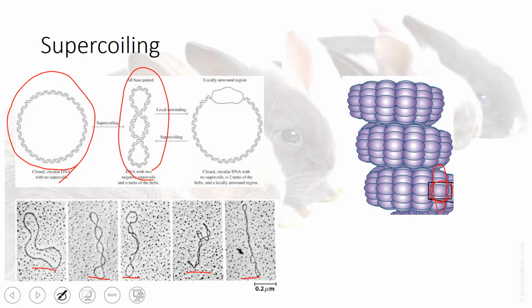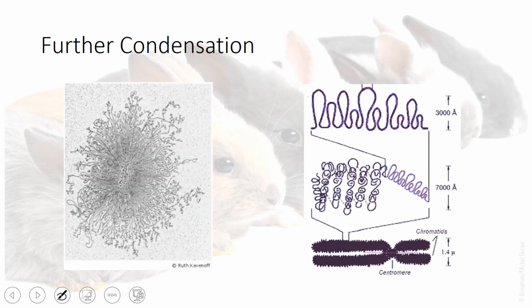Now, in order for the bacteria to do anything with that DNA, to either replicate it or to write it into RNA, which we'll talk more about in the coming days, it does have to reverse that supercoiling.